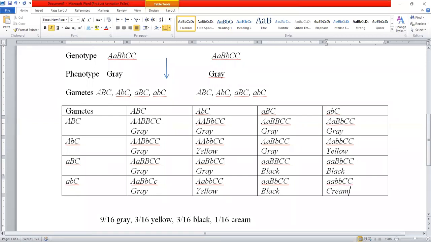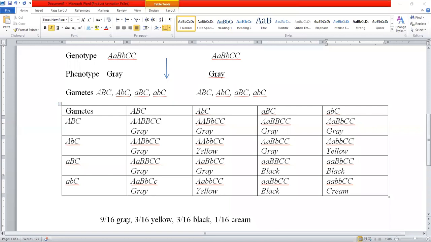By counting, we can look that we can count gray: 1, 2, 3, 4, 5, 6, 7, 8, and 9 are gray here.